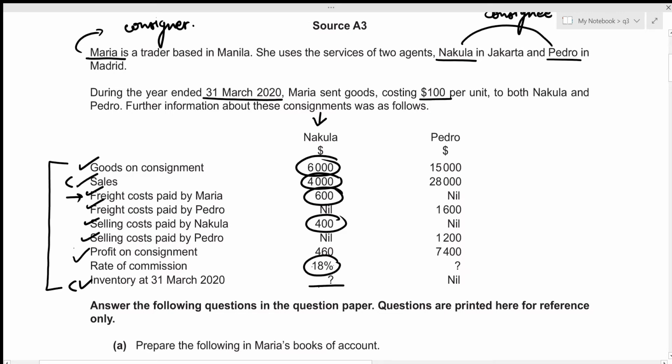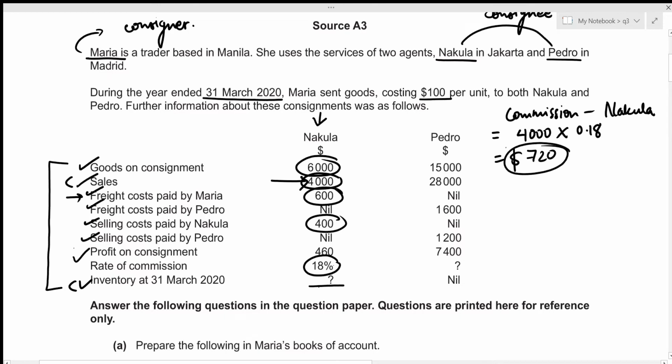And this rate is applicable on the total sales. So let's figure out the commission for Nakula. That is just going to be 18% of the sales made by him, and we know that the sales made by him was 4,000. So we can just multiply 4,000 with our rate of commission of 18%, which we can write down as 0.18. Now this gives his commission to be 4,000 times 0.18, which results in the value of 720. And this commission should also be recorded on the debit side of our consignment account. So let's do that.